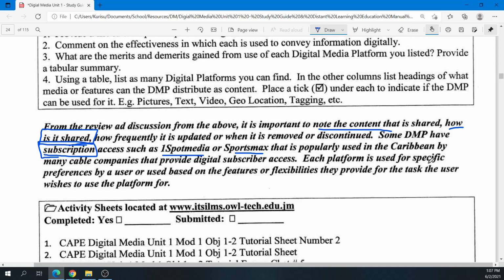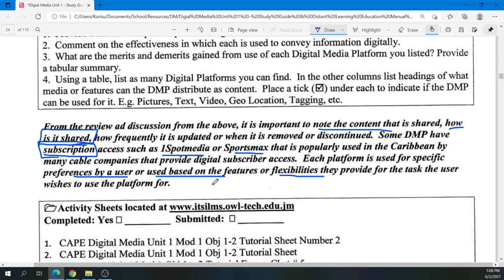Each platform is used for specific preferences by users, or used based on the features and flexibilities they provide for the tasks the user wishes to use the platform for. So persons use different platforms for what basically suits their need.